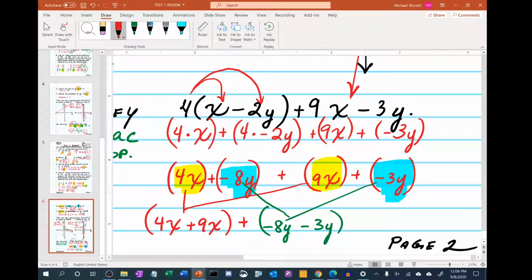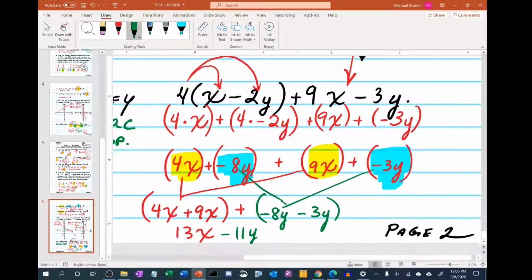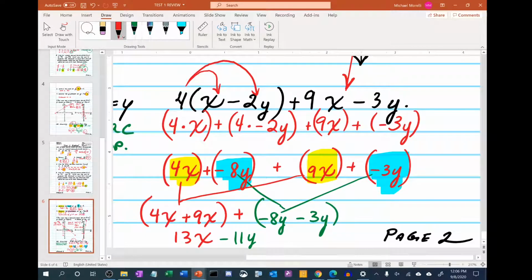Finally, 4x plus 9x is 13x. Negative 8y minus 3y is minus 11y. So this is your final answer, 13x minus 11y.